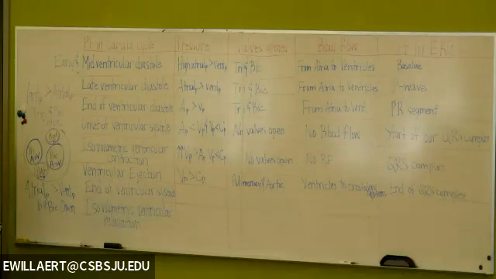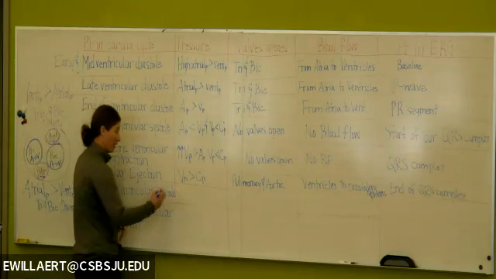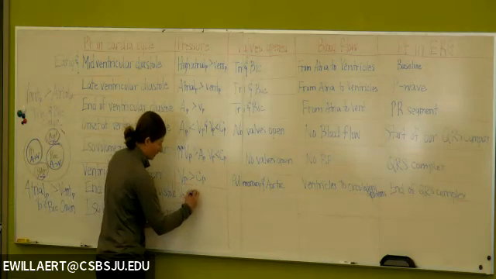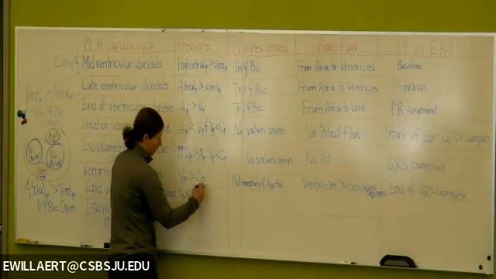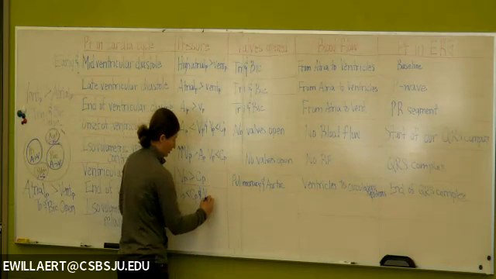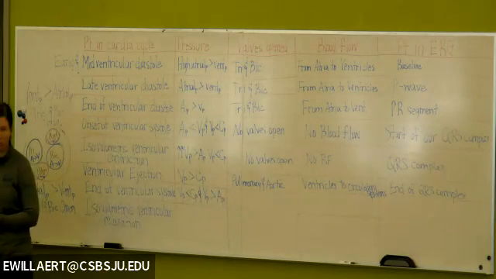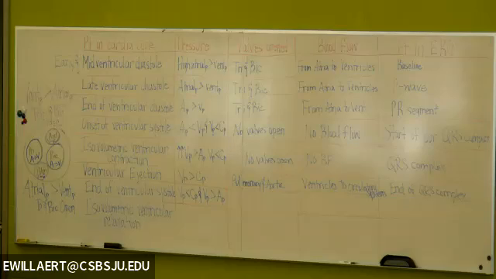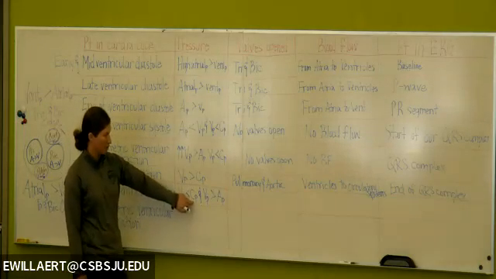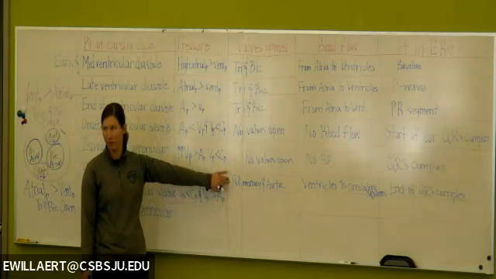Now, immediately after we reach greater pressure and we push blood out, we start to go into relaxation. And if we're relaxing, we're generating less pressure, and all of a sudden, ventricular pressure becomes less than circulatory pressure, and ventricular pressure is still greater than atrial pressure. And if ventricular pressure is less than circulatory pressure, that means these valves are going to do what? Open or close?